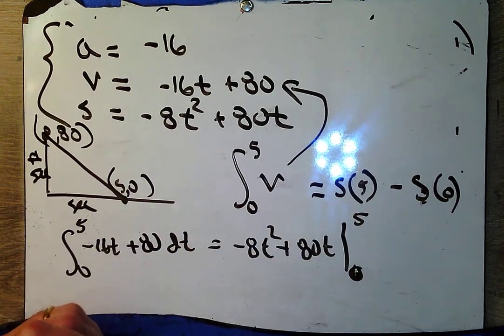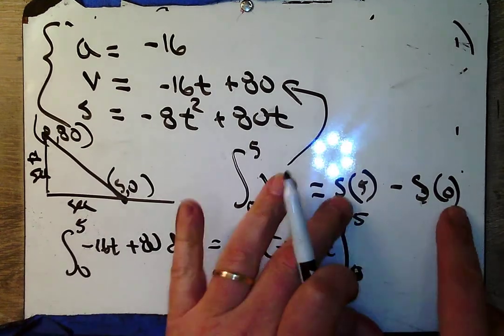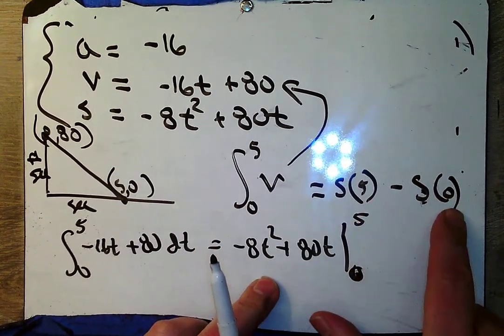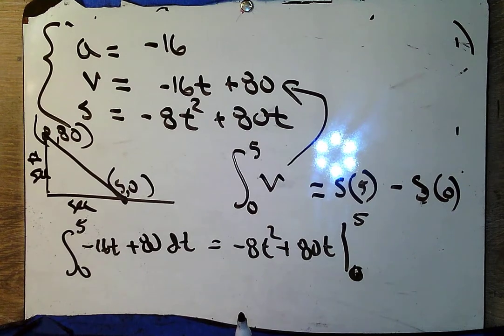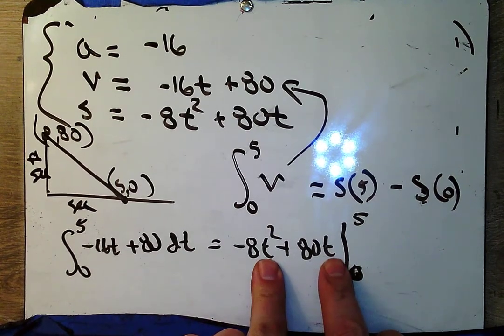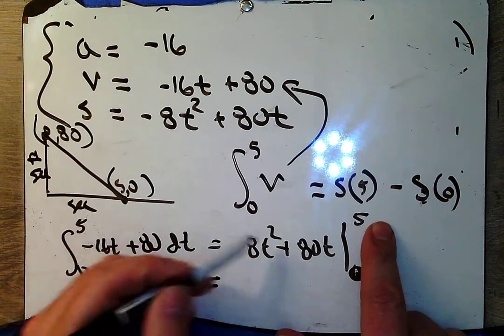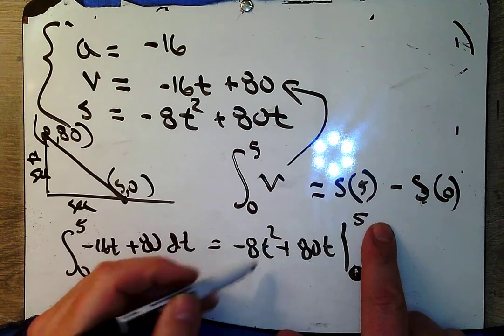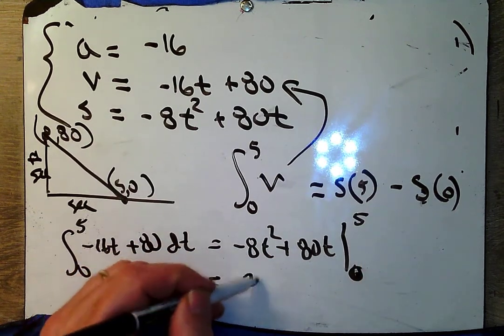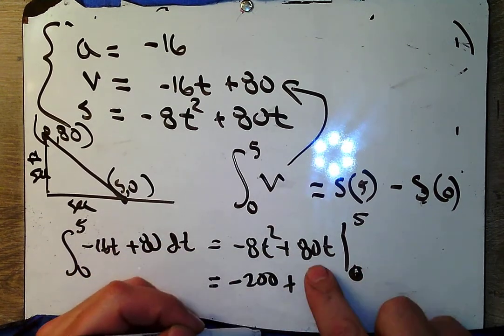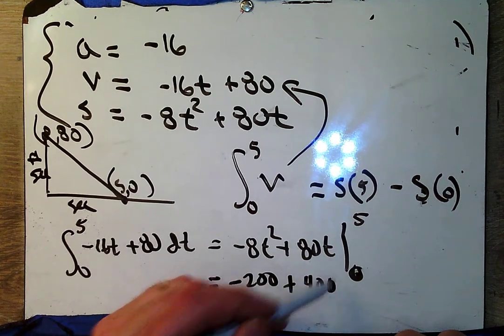But guess what? Isn't that the same as position? And I just need to plug 0 and 5 into position. Well, if I plug the 0 into position, I get 0. If I plug a 5 in here, what am I going to get? Well, 5 squared is 25. 25 times negative 8 is negative 200. And 5 times 80 is 400.